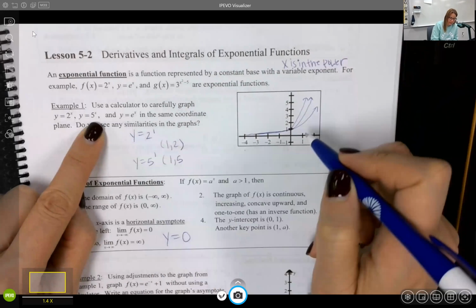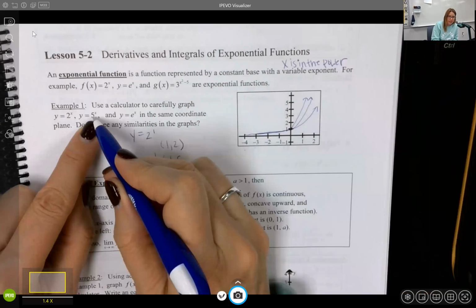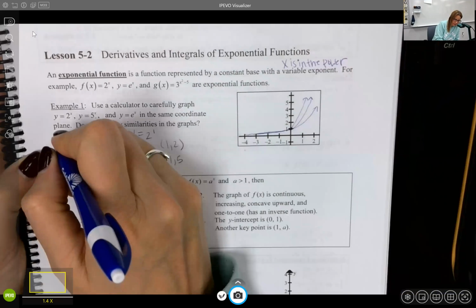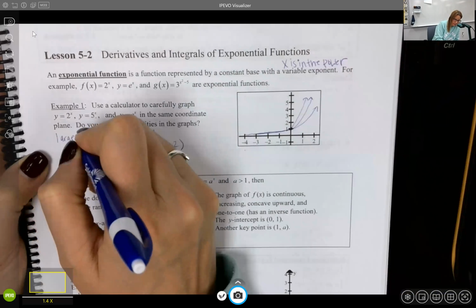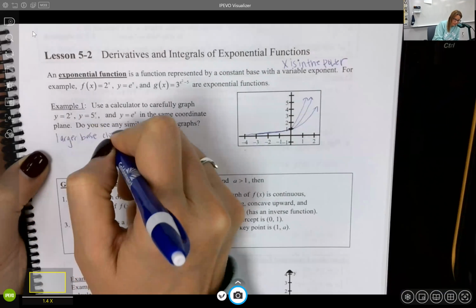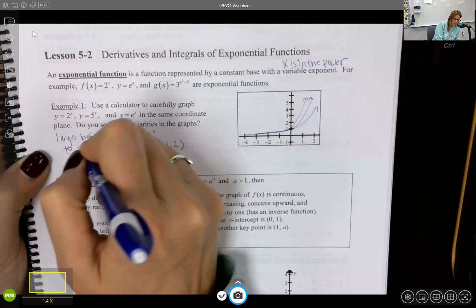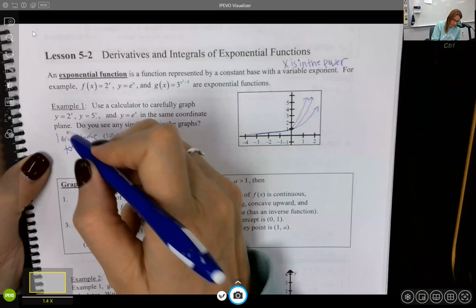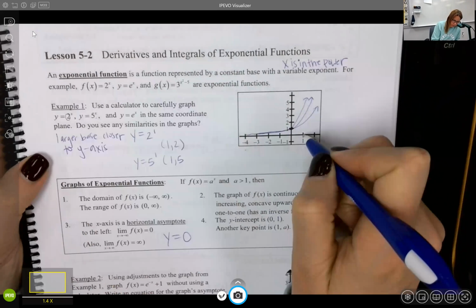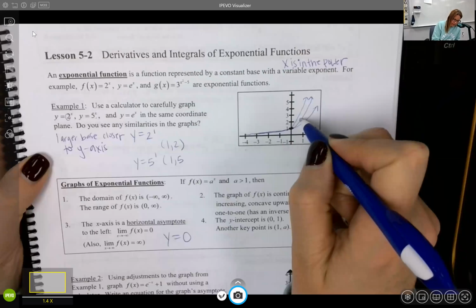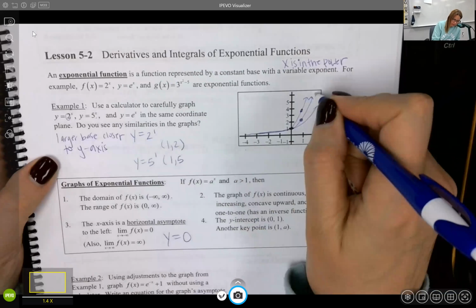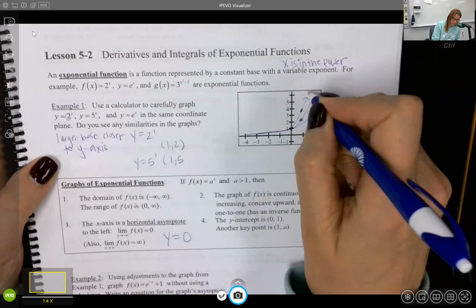Notice that the larger the base is, the farther up it goes. If I have a base of 2, it's going to be at 2. If I have a base of 5, it's going to be up at 5. So this one's going to be 2 to the x, and this one's going to be 5 to the x.